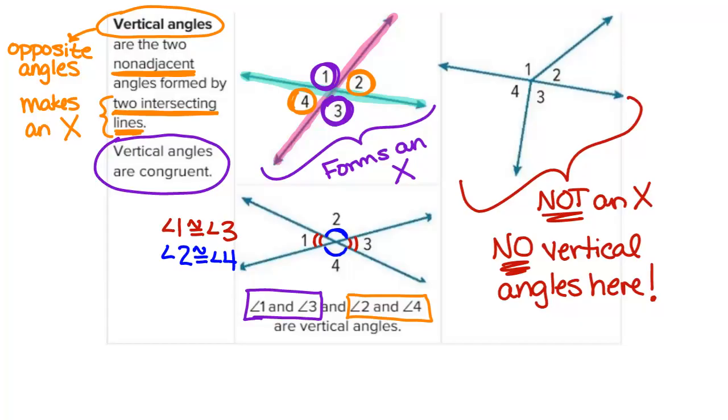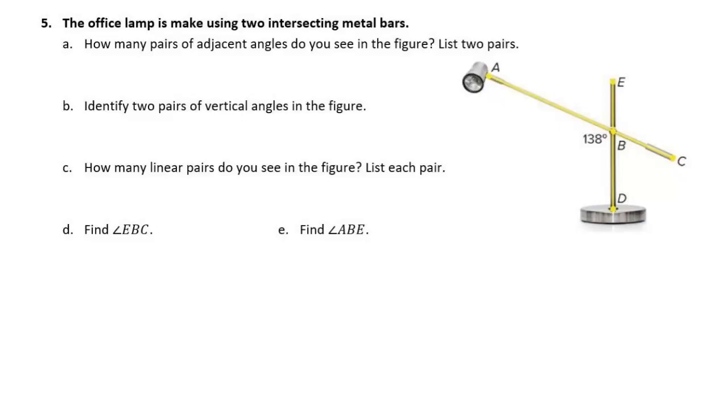You're welcome. All right, I want to practice identifying some of these special angle pairs, and then we're going to use some of these special angle pairs to solve problems. Looking down at the bottom of the page, we have example number 5. The first thing I notice about example number 5 and this lamp is that it's formed by two intersecting metal bars.